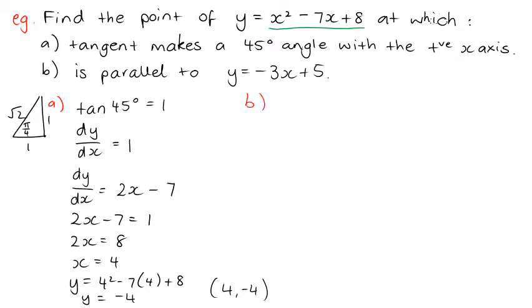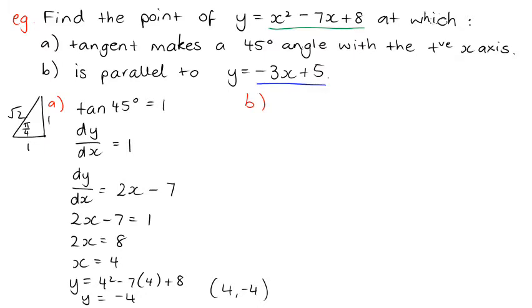Now for B. We want to know the point at which the dy dx, which is our gradient, is equal to the gradient that's given in the linear line.